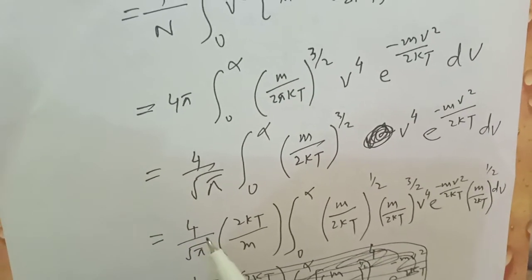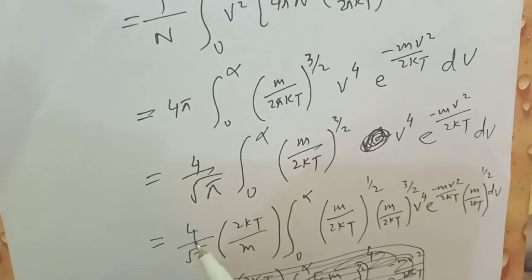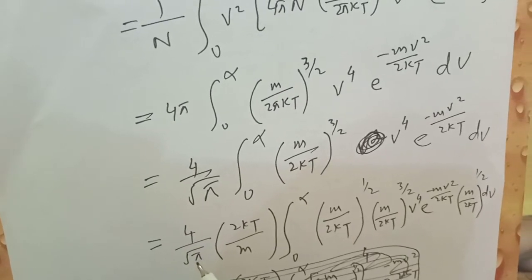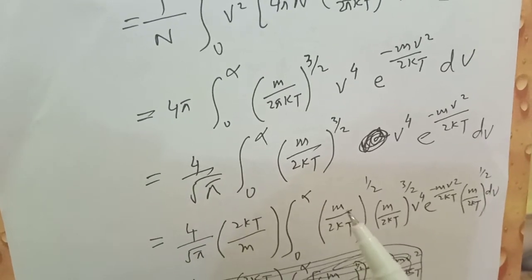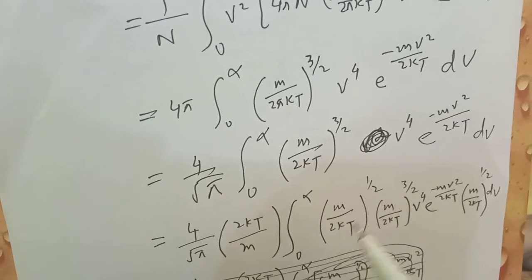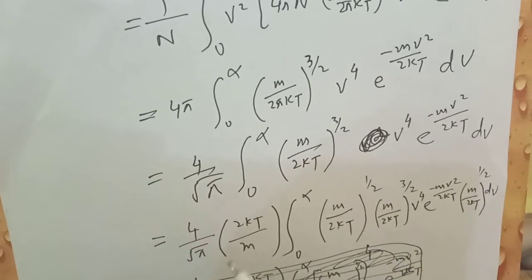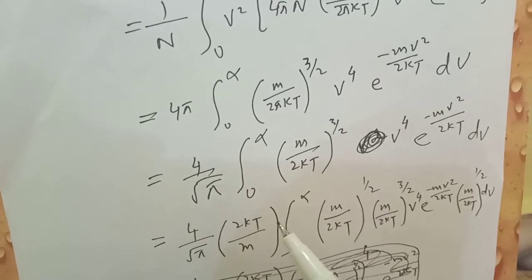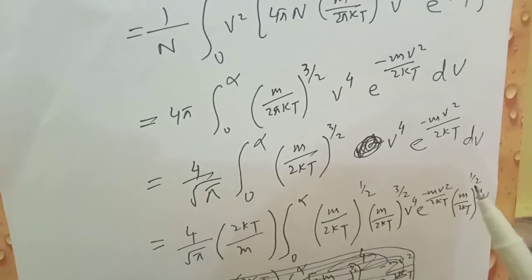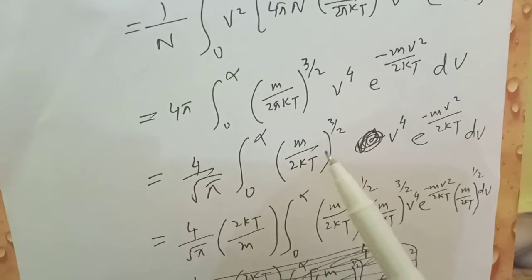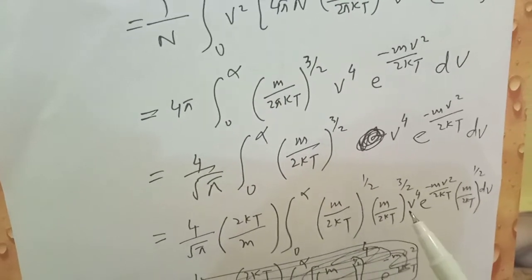Now if I multiply by 2kT divided by m, we get 4 over square root of pi times 2kT divided by m, and this will be 4 times (m over 2kT) to the power 1 over 2, and this is again (m over 2kT) to the power 1 over 2. I have multiplied and divided, so we get the same result, and this is the value that I have replaced here.